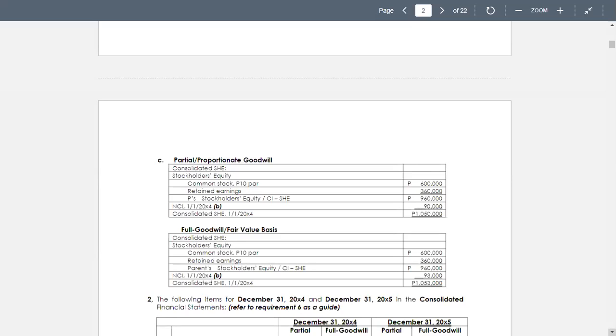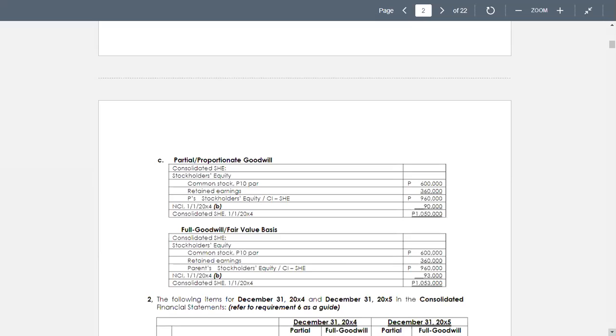And we are now adding the NCI, which is 90,000. The one that we have already computed, the NCI, by using the partial goodwill. You can refer to letter B requirement. So we have the total stockholders' equity, the consolidated equal to 1,050,000.